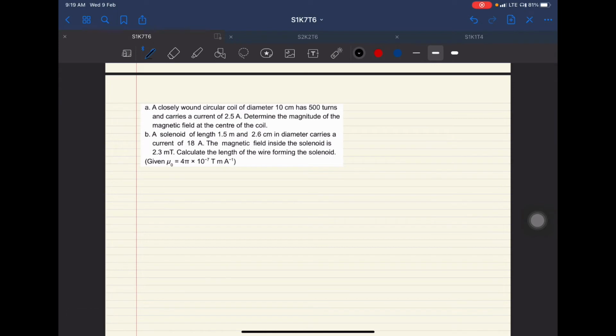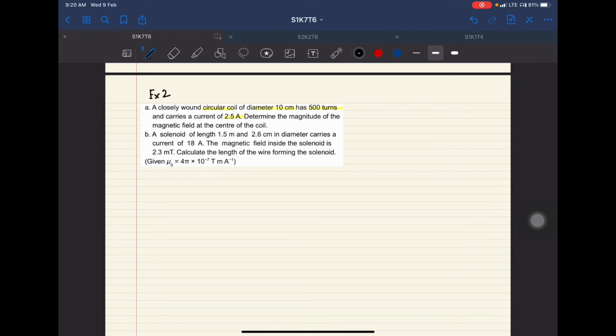This one, example number 2. Says that a closely wound circular coil of diameter 10 cm has 500 turns that carries a current of 2.5 ampere. Determine the magnitude of magnetic field at the center of the coil. Okay, this one it says specifically that this is a circular coil, and it has 500 turns and diameter of 10 cm, carries a current of 2.5 ampere.